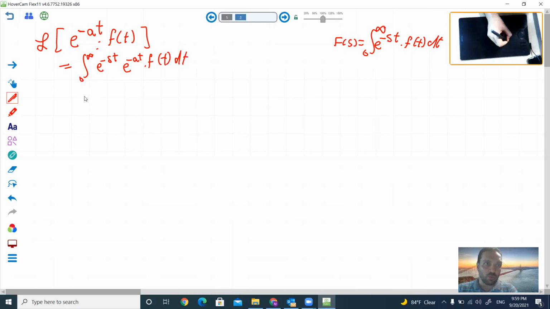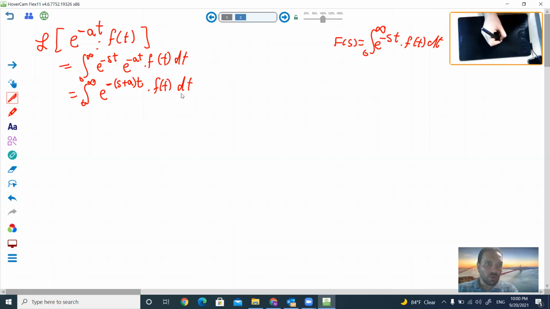We will combine the exponents of these two exponential functions. So combining them together, it will be the integration from 0 to infinity of e to the power of negative, taking the negative and t as common factors, in the bracket s plus a, and f of t written as it is, dt.